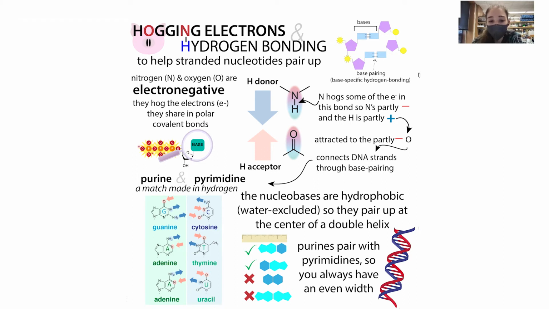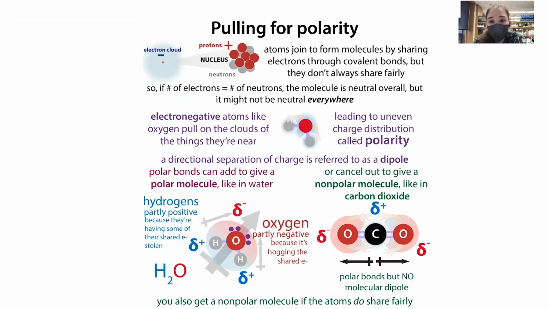But where are these bonds coming from? These are what we call hydrogen bonds. The basic idea is that they're partial charge attractions. All of these atoms we're looking at are joined together by sharing these negatively charged parts called electrons.